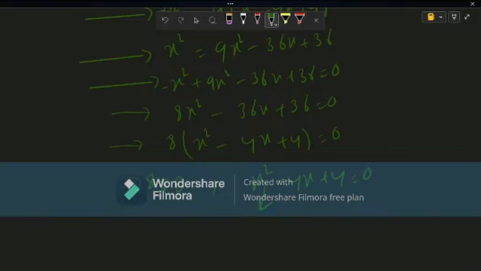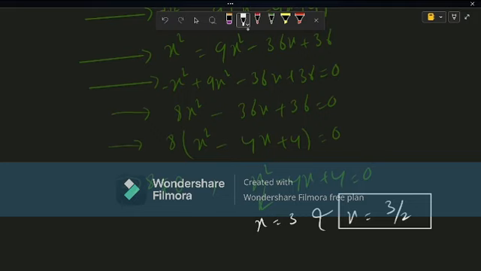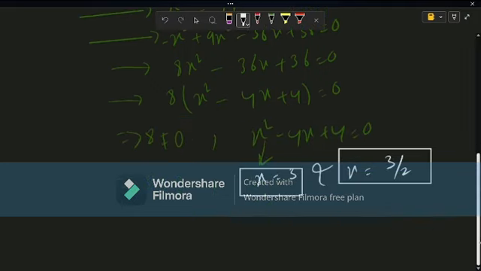This is a quadratic equation of ES level, so you can solve it by the factorization method. My answers for x would be x equals 3 and x equals 3 by 2. This is my first answer. This is my second answer.